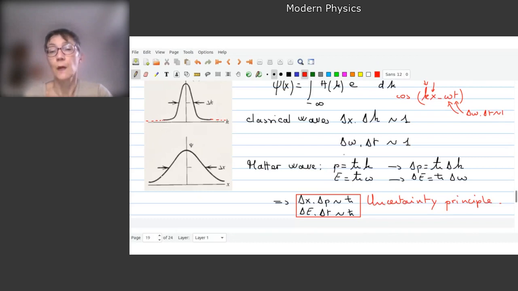The linear momentum is associated with the particle, as is the energy of the electron, so delta P will be equal to h bar delta k, delta E will be equal to h bar delta omega, and so delta x delta k will be P over h bar. So the uncertainty on the position times the uncertainty on the linear momentum are on the order of h bar, and the same for the energy and the time. This is the Heisenberg uncertainty principle.